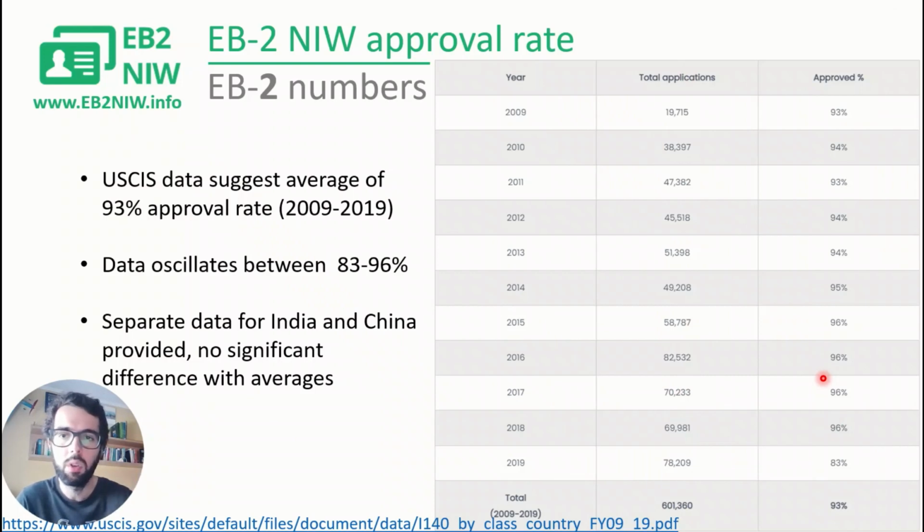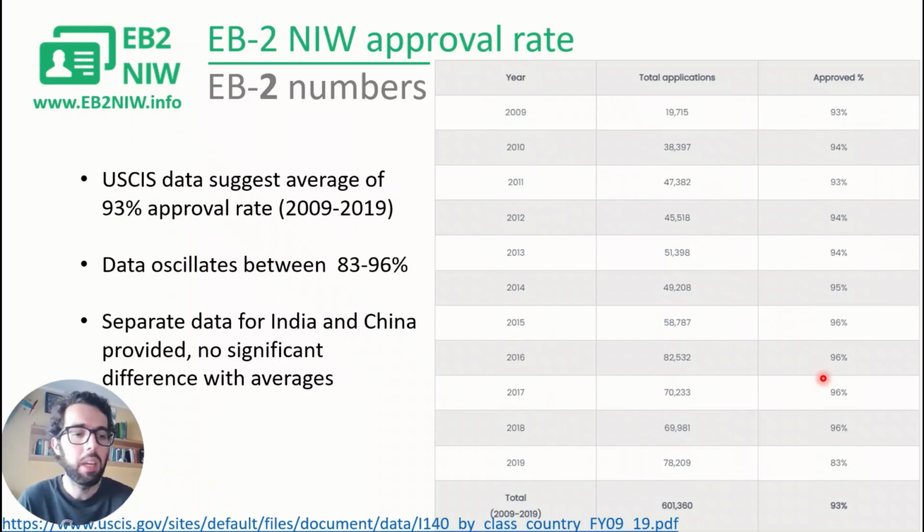So EB2 global category, 93% average. Now, I hypothesize that the chance of success in NIW should be lower than the global EB2 because in NIW you have to show the USCIS that you are worthy of a waiver for the labor certification process, that you don't need a sponsor backing up your application.